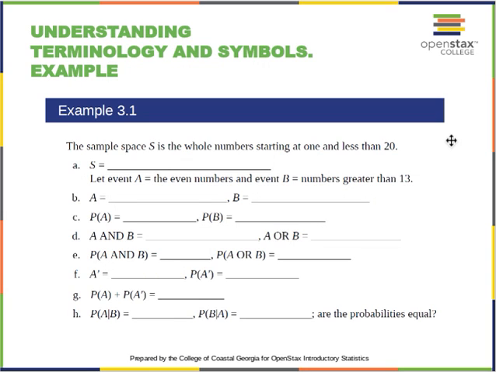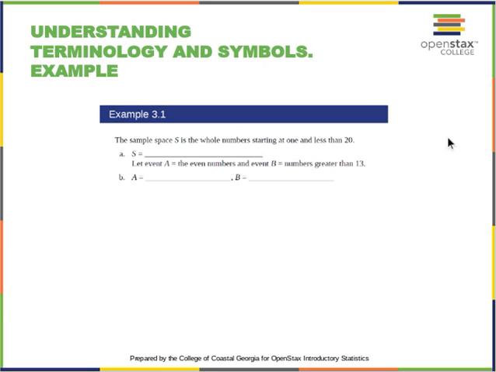Alright, our next example here. So this question says the sample space S is the whole number starting at 1 and less than 20. That's going to be, well, let's break it into pieces here. Our sample space S is letting the event A equal the even numbers and event B that's the next part.